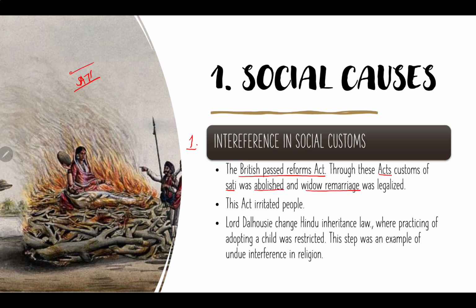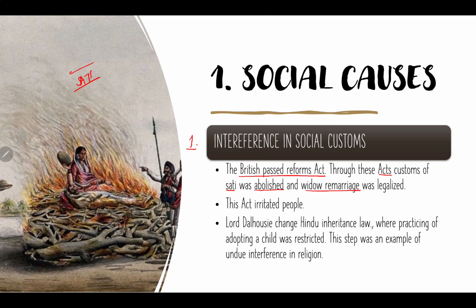The custom of sati was abolished. Sati is when the husband of a woman is pronounced dead, and that woman also has to go onto the pyre and self-immolate herself in the name of her husband.